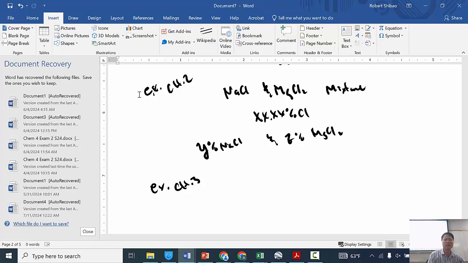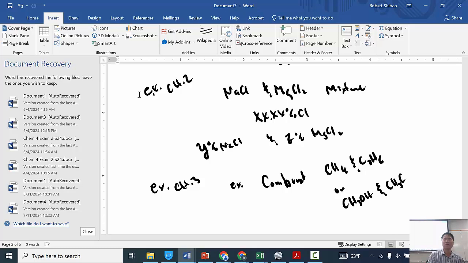One was the combustion of methane and ethane, or I don't know, what was it, methanol and ethanol? Maybe that was it. One of these.